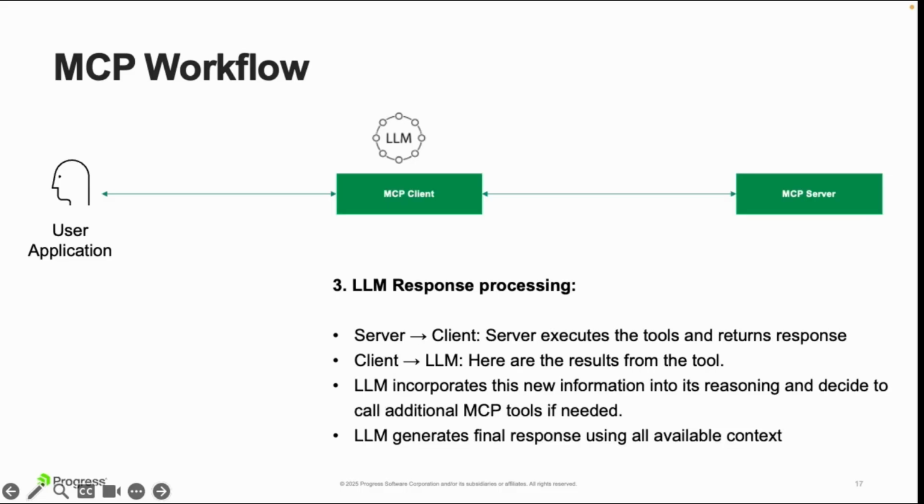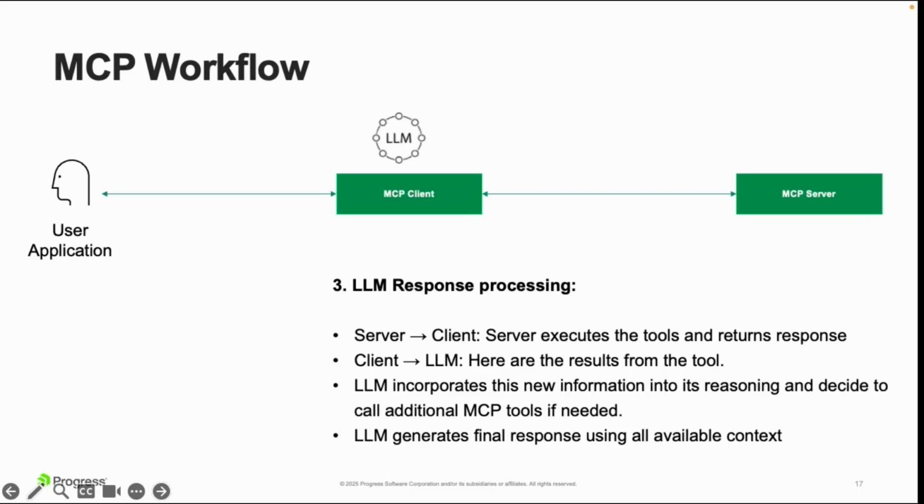So then the client executes that tool on the server. The server is just a REST API kind of service. It understands the tool, executes the tool, gives back the response. Now the client takes the response, gives it to the LLM. Now the LLM, based on the response it gets, figures out: is this enough for me for the given question, or do I need to make one more call to another tool?